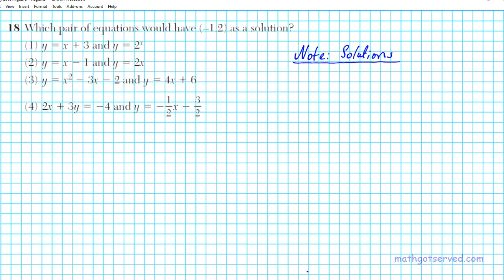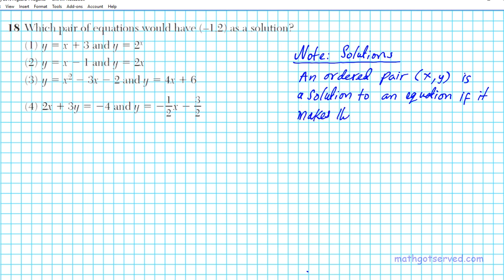So this is what you want to keep in mind, and it is that an ordered pair xy representing two numbers is a solution to an equation if it makes the equation true upon substitution.